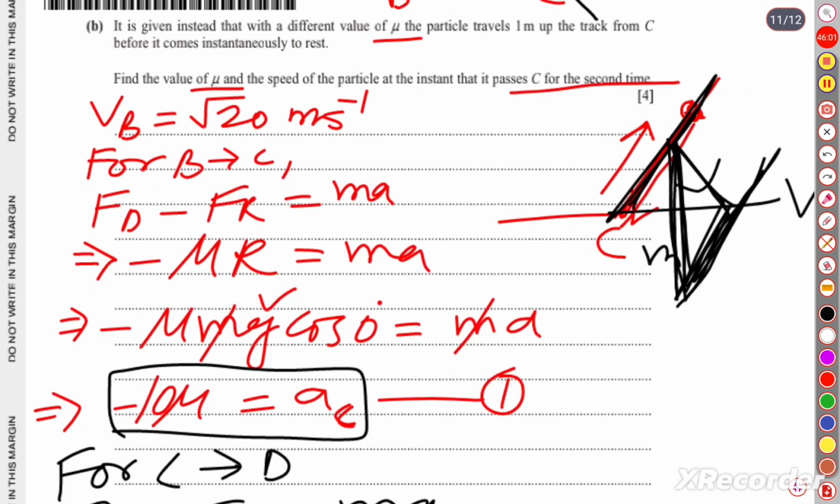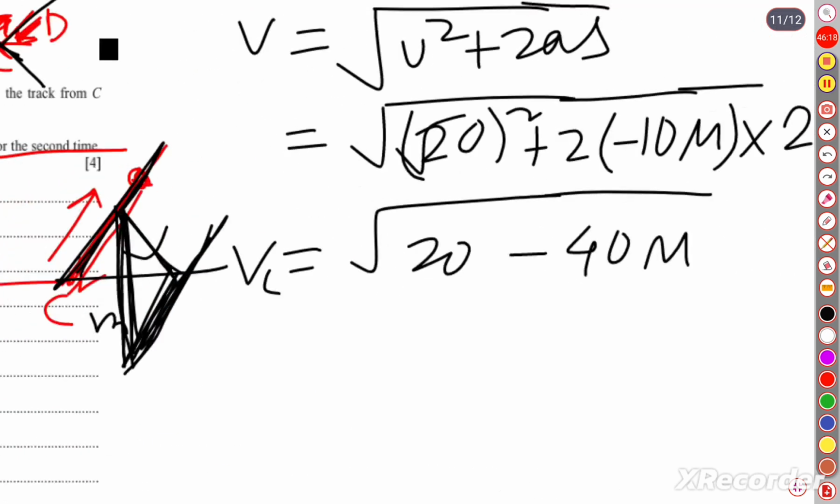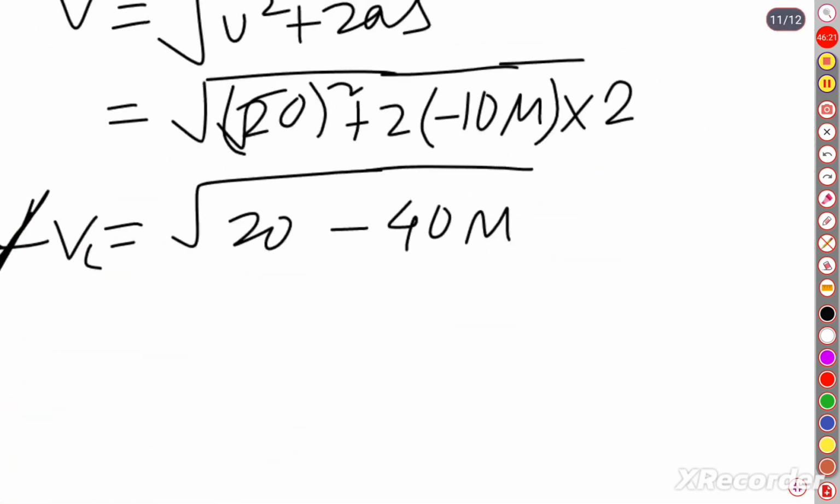Look in the question, it is written that the particle moved 1 meter; find the value of mu and the speed of the particle at the instant it passes C for the second time. First of all, we require the value of mu. For the value of mu we will use the final velocity as 0, because when the particle is going up like this, at one stage it will stop instantaneously and come back.